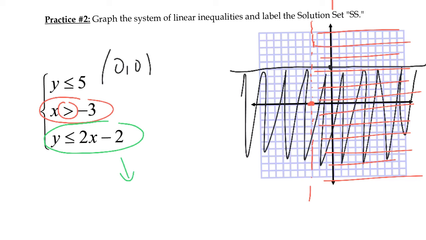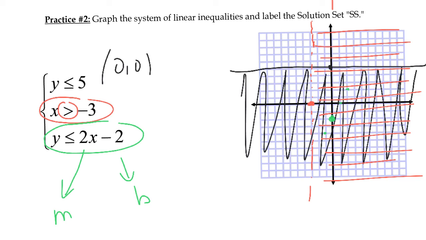That's your y-intercept, and that's your slope. So start at negative 2. Okay, slope is equal to 2 over 1. So go up 2, over 1. Up 2, over 1. You can also go down 2, left 1.